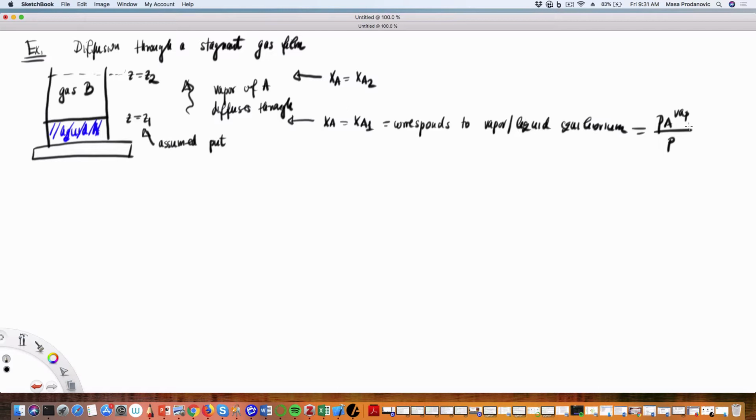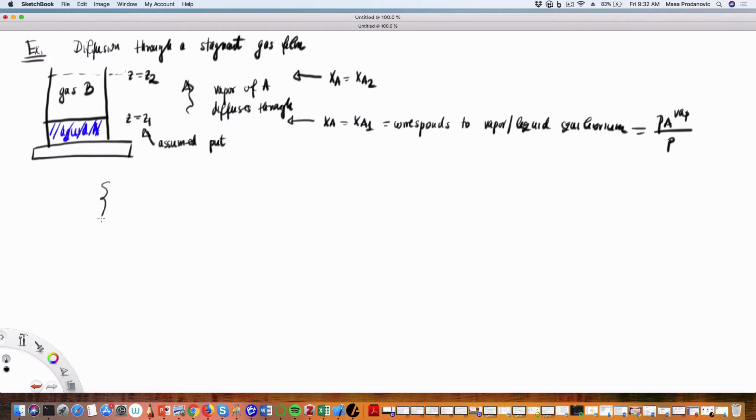Now, my shell balance here is, of course, rate of mass in any kind of slab, which is my z direction slab between z and z plus delta z, okay? So rate of mass of A coming in minus what's coming out.